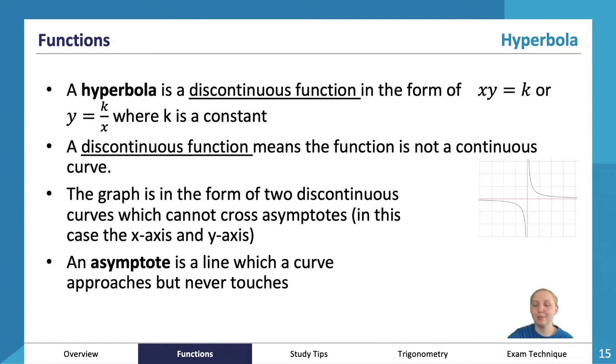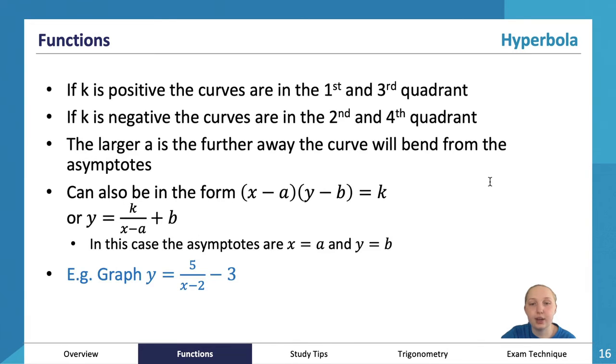This will come back when we look at trig. When you do some stuff with trig, your quadrants in trig are also labeled as such, 1, 2, 3, and 4. So if our value for k is positive, so if we have a positive constant, then we are going to have a graph in the first and the third quadrant. If k is negative, then our graph is going to exist in the second and the fourth quadrant.